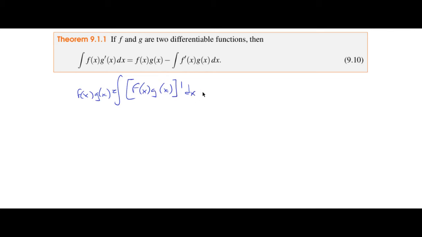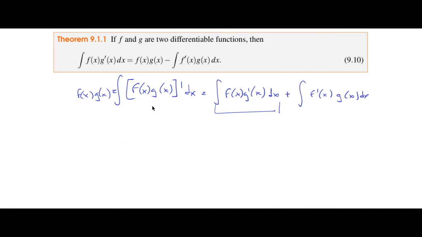But the derivative of this we can compute using the product rule. So this is the primitive of f times g prime, plus the primitive of f prime times g. And we can separate these two primitives because we know that this operation is linear.